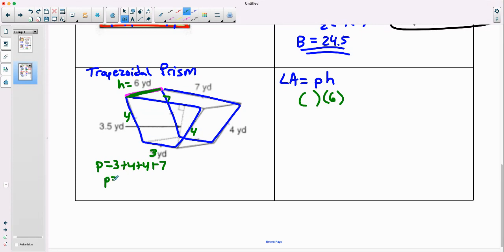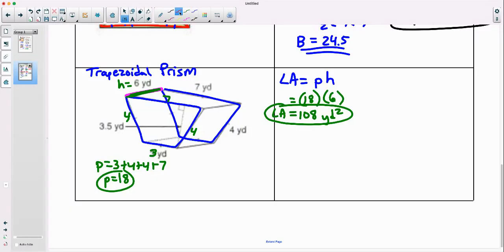Looks like we get 18 yards for perimeter. So we're doing 18 times 6 for the lateral area. So that's going to be all the rectangles all the way around, everything except for the trapezoids. 18 times 6 gives you 108. So if all they wanted was the lateral area, that would be the answer.